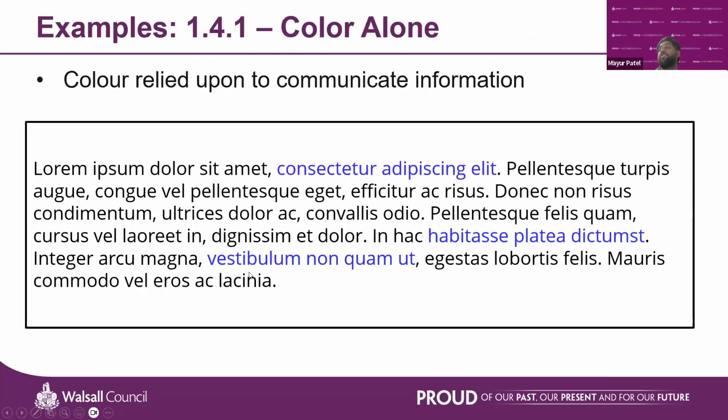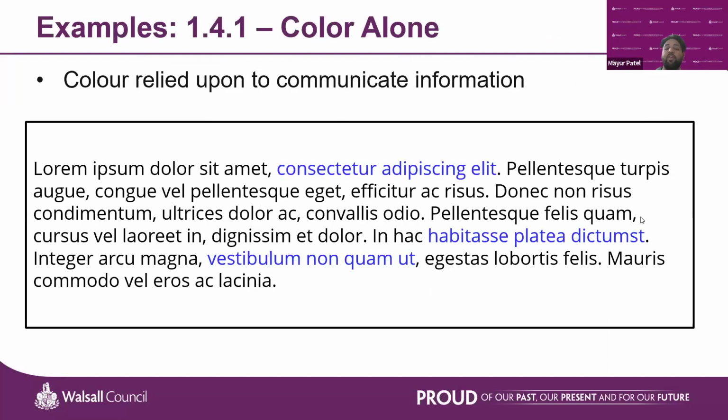Certain examples, for example, imagine this is a web page and the blue part is a link, and you can see it relies heavily on color alone to communicate information. The other angle to this is that when I use a color contrast analyzer, I pick up a color and compare the color not with the background but with the surrounding text, and you can see it's also below 3:1.